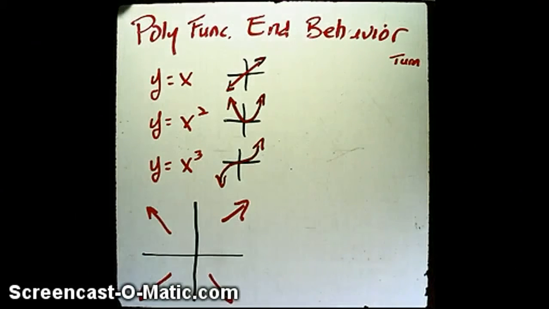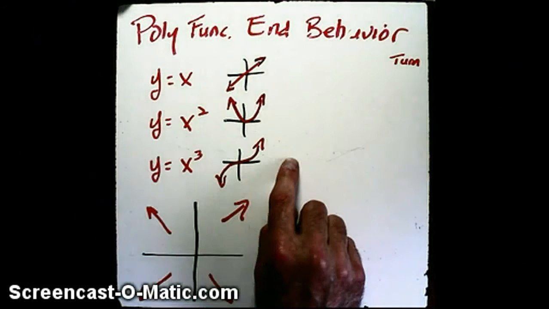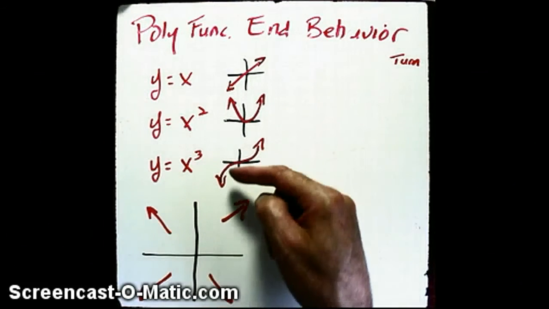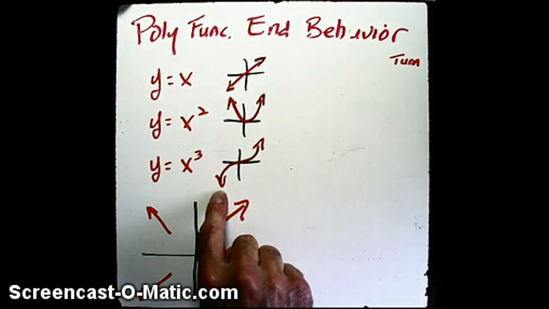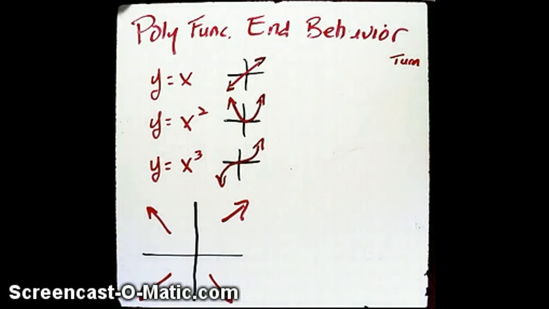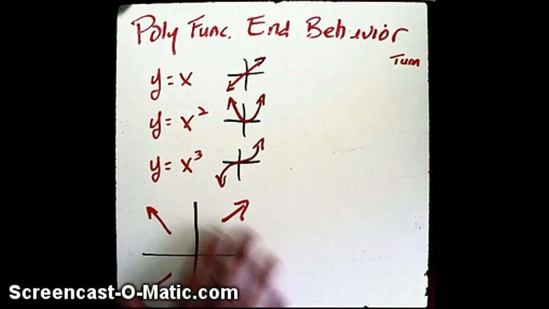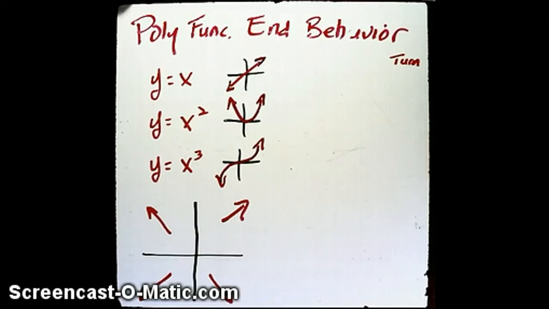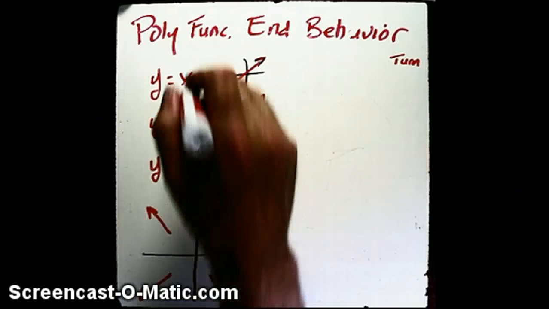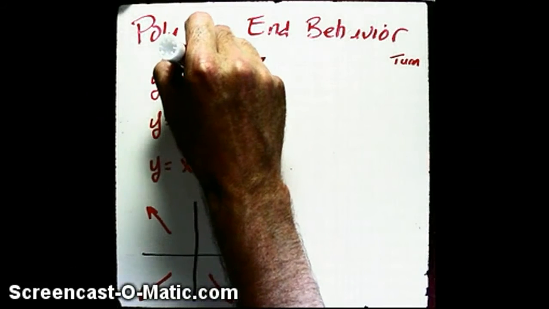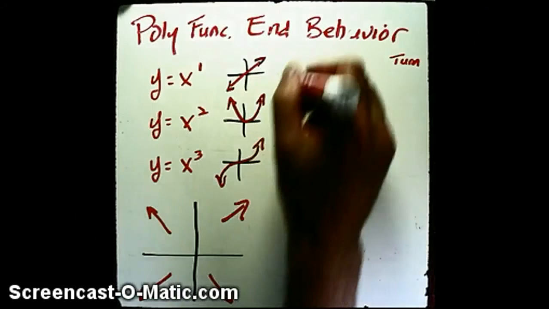So that would be as x gets very large, y gets very large. Here, as x gets very negative, y gets very negative. Now, we're going to explain that when I talk about this graph down here at the bottom. But there is a little piece of information I need to tell you, okay? Whenever the factor has a 1, it crosses.